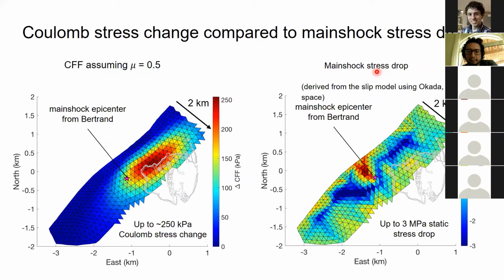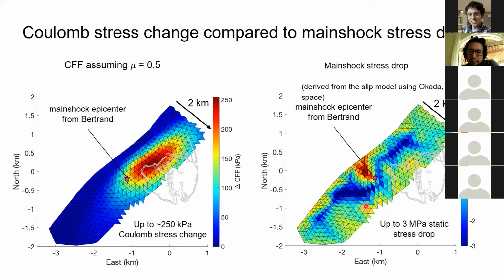As you can see here, the change of Coulomb stress does coincide with one of the patches that has a significant stress drop, but it doesn't explain the entire stress drop pattern. There's another patch down here that was not explained by the influence of the quarry.